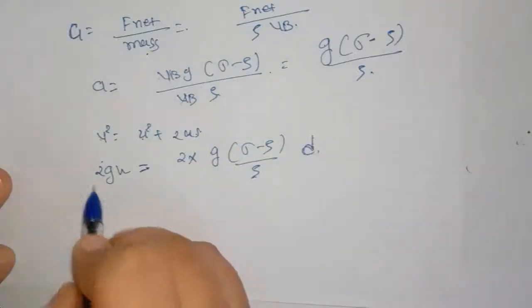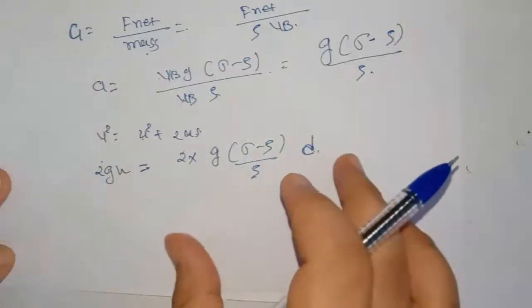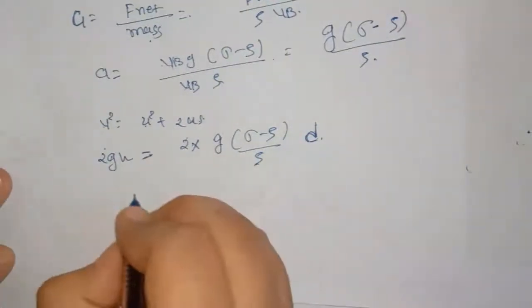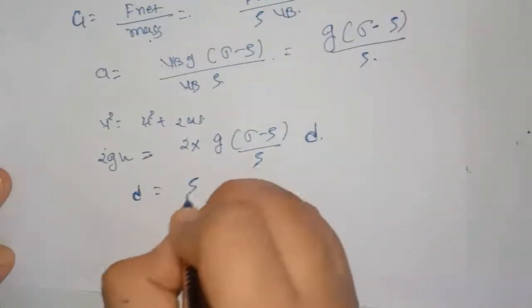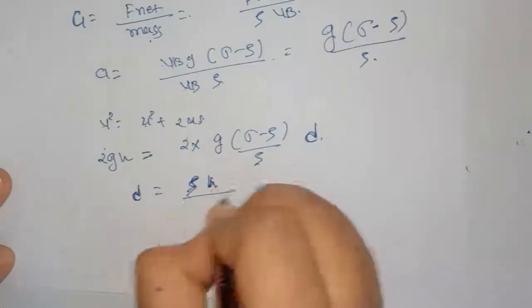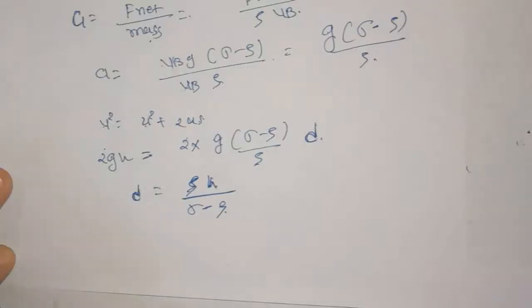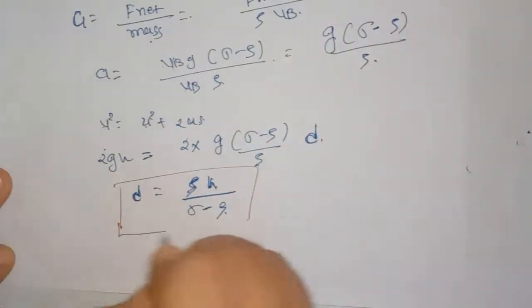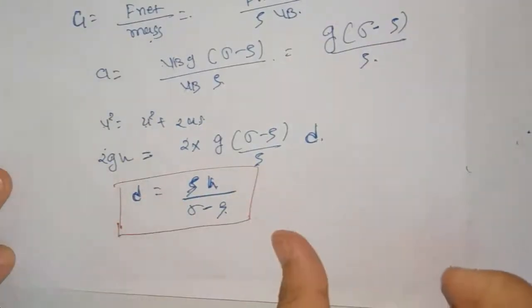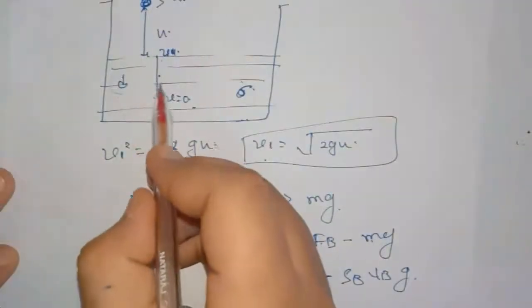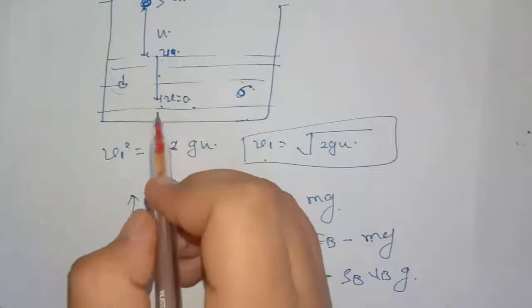This 2 will get cancelled out, g will also get cancelled out. So we will get d is equal to rho h divided by sigma minus rho. This is the maximum depth up to which it will penetrate. After that, the buoyant force will dominate and it will again move upwards.